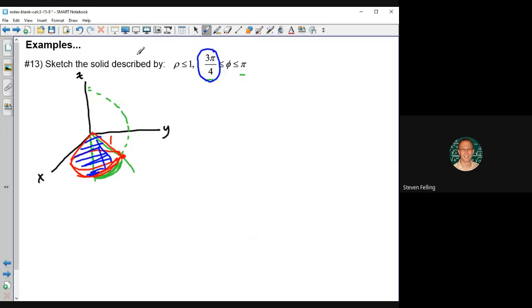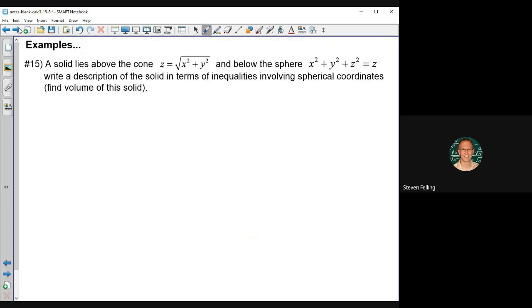All right, and then I have one last example. This is more the way we use this, for doing volumes and things like that. Problem 15 from the book, which is similar to some of the homework problems, says a solid lies above the cone z equals square root of x squared plus y squared, which is z squared equals x squared plus y squared, but only the positive z portion of that, okay?